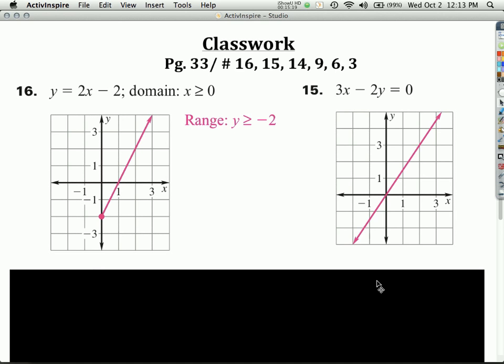Unfortunately, if you have the same graph but you drew the line all the way through, that is actually incorrect. That's something we talked about. And the range, y is greater than or equal to -2. If you got part of it right and part of it wrong, you can give yourself half. That's not a big deal. Number 15, this is what your graph should have looked like.